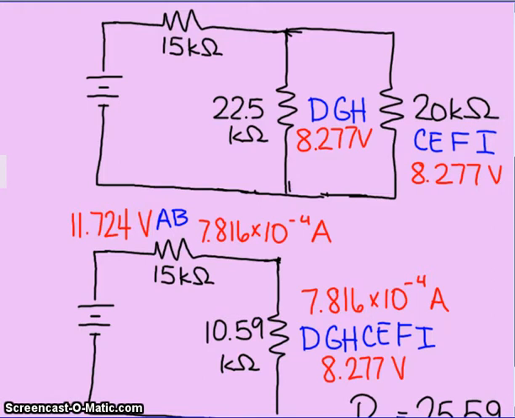I will now use Ohm's law to calculate the current. For CEFI, I get 4.139 times 10 to the negative fourth amps.